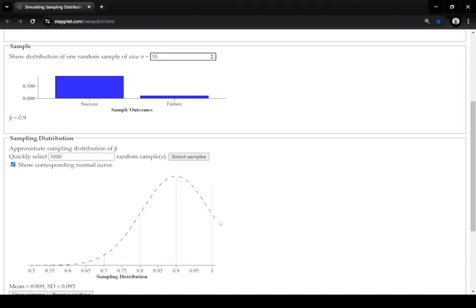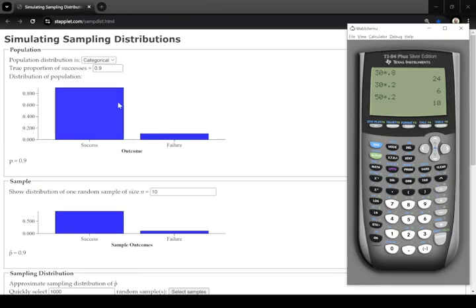This one's too tall, and then there's just nothing over here. So 0.9 times 10 is just 9, which doesn't meet the criteria, and then 0.1 times 10 is way too low.